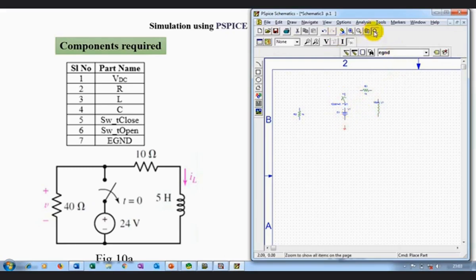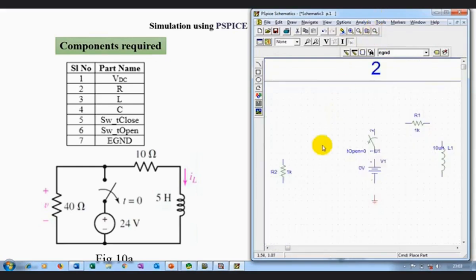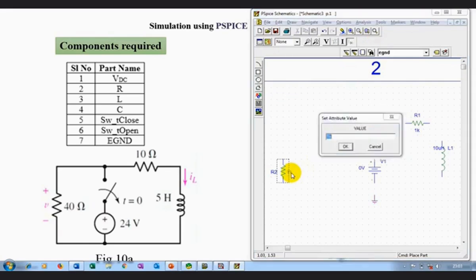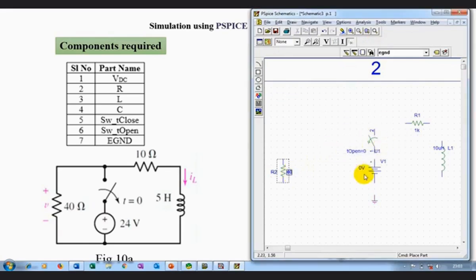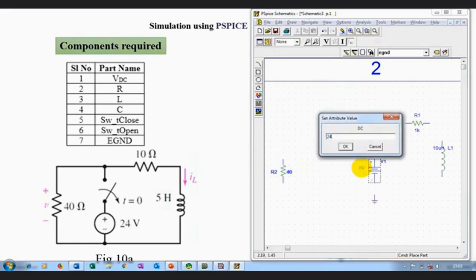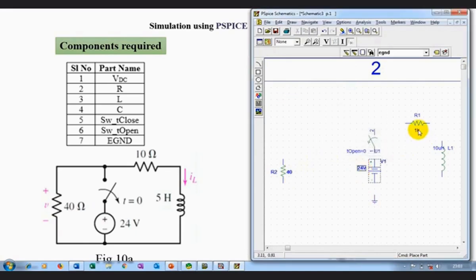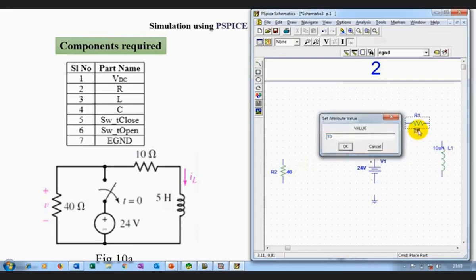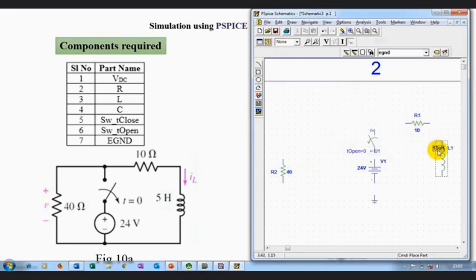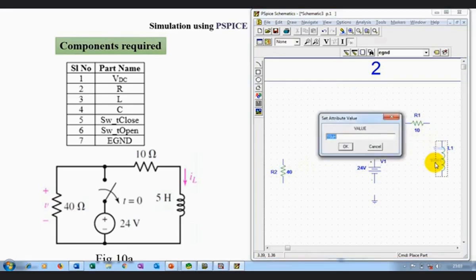Let us zoom in. Let us set their values. This value is 40, this is 24, this is 10 ohm, and the value of L is given as 5 Henry.